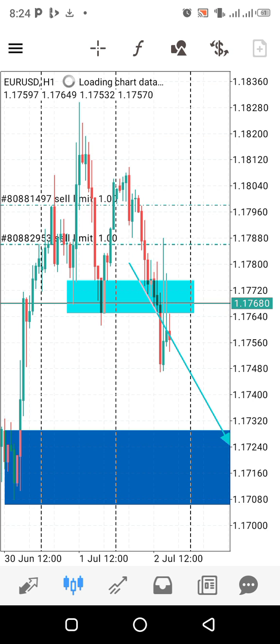So price has already closed underneath the demand zone. Now because price has already closed beneath the demand zone, we can look for entries for buys.